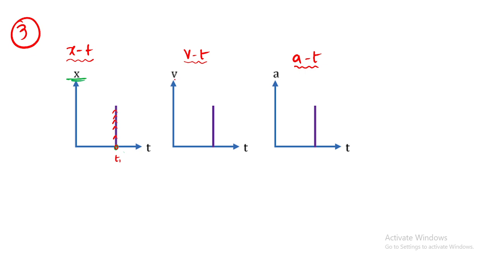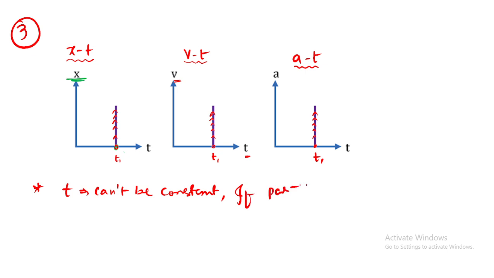No. Similarly, VT is also there. Now you see here time was the same only. Here time is t1 and velocity keeps on increasing. Is it possible? At the same time you cannot do it. So similarly here also the time is t1 and the graph keeps on increasing like this. So in this situation time cannot be constant, whether the particle is moving or at rest. Even at rest, time cannot be constant.